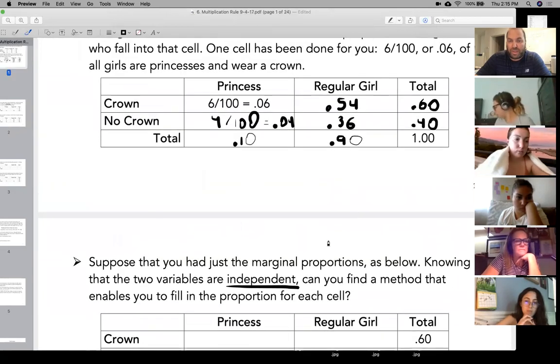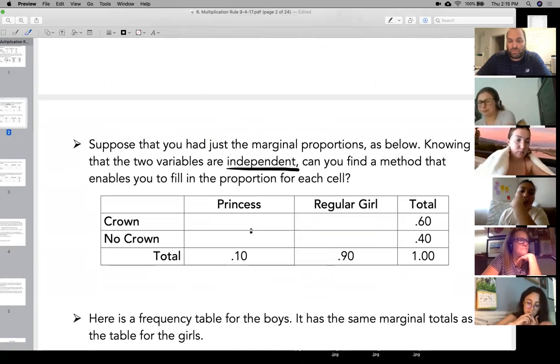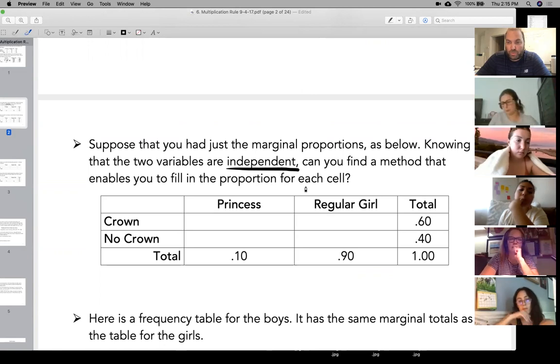In other words, rather than having those numbers and getting the margins, we're going to start with the margins and get those numbers. Is there a way, knowing that they're independent, to go from the margins and figure out the 4 cells? Can anyone think of a way that might work?